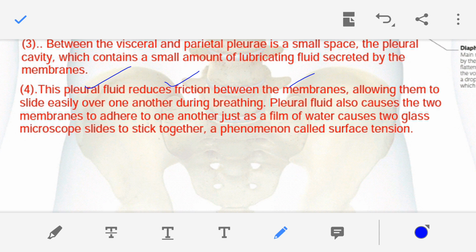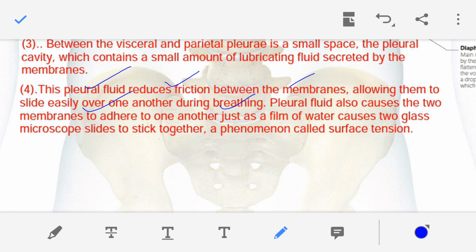And since this fluid is present, both these membranes can easily slide over one another during breathing. So basically this fluid is acting like a lubricant, and it is reducing the friction between these two membranes during breathing.